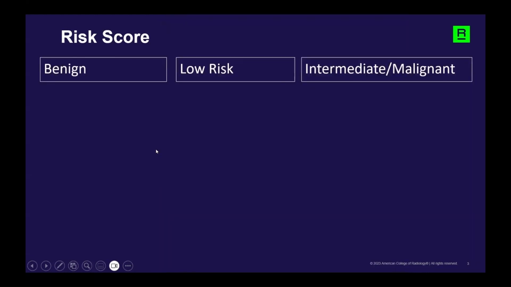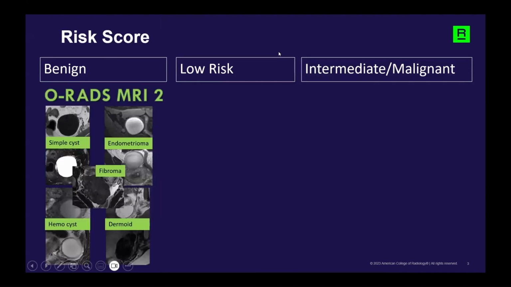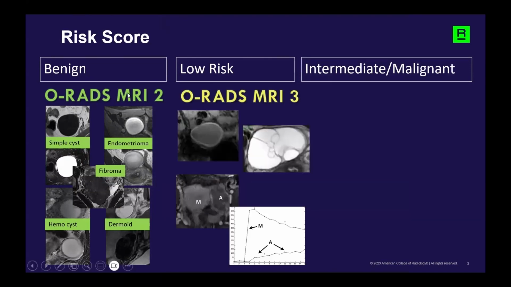At its basic level, the risk score divides lesions into benign, low risk, and intermediate risk or malignant lesions. O-RADS MRI 2 lesions are benign. This includes simple cysts, classic benign lesions such as dermoids, endometriomas, most hemorrhagic cysts, as well as fibromas. O-RADS 3 lesions are low-risk lesions.